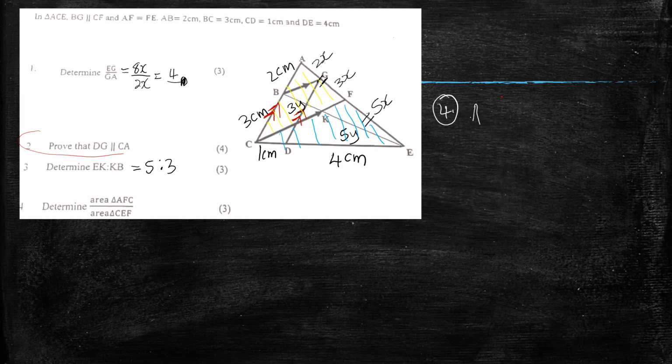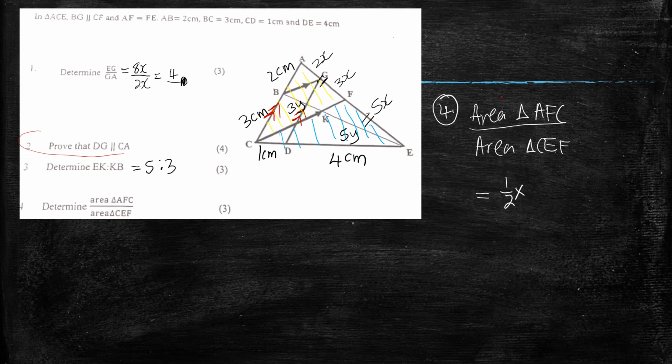Area of triangle AFC, right? This is over area of triangle CEF. Okay, so with area of triangle AFC, check the sides that you know, right? So we say 1/2, according to the area rule, 1/2 times.